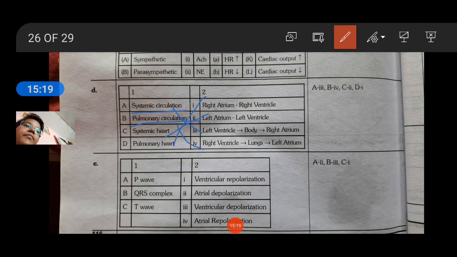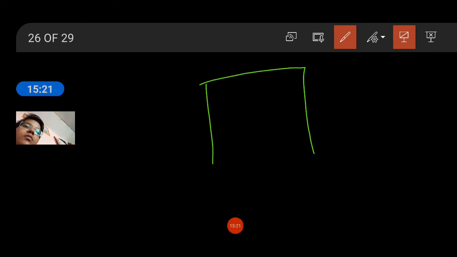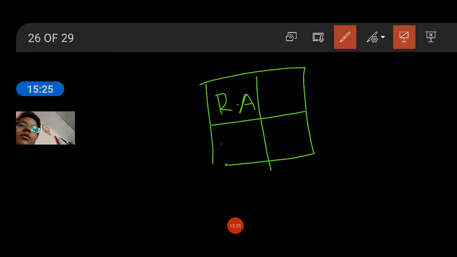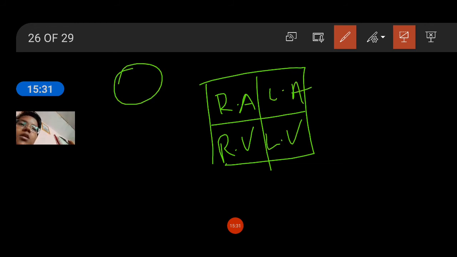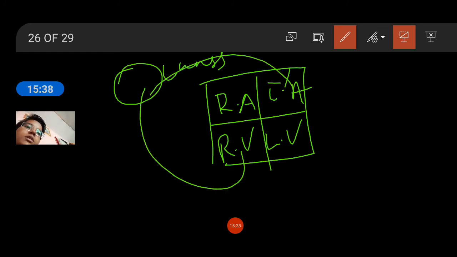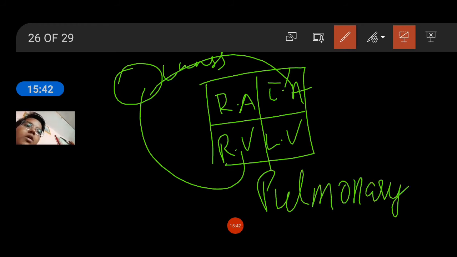Then right auricle, right ventricle, lungs, left auricle, left ventricle. Whenever it goes to the lungs and comes back, this is called pulmonary.